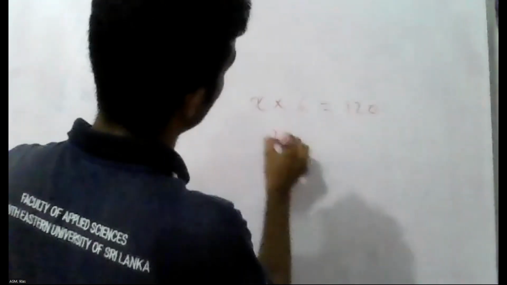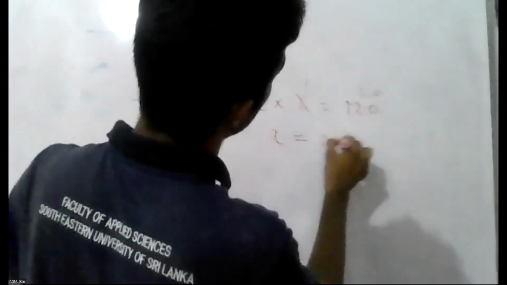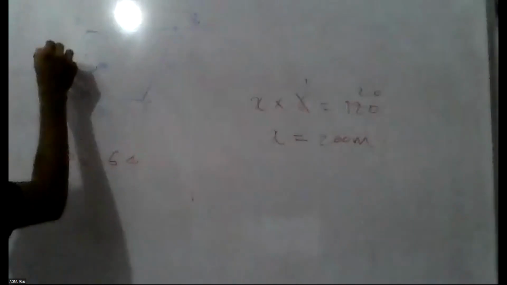So I can tell X is equal to 20 centimeter. They have given the perimeter P is equal to 64. So if this is X, this is also X. You know the properties of a parallelogram, the opposite sides are equal. If this is Y and this is also Y.